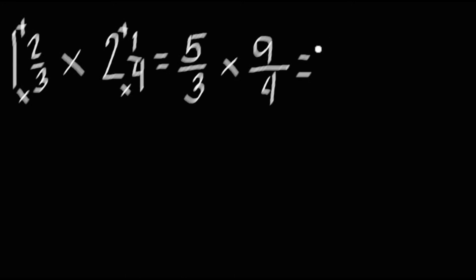So we need to get the product of our numerators to get the numerator of our answer. 5 times 9 equals 45, over the product of our denominators, that is 3 times 4 equals 12.